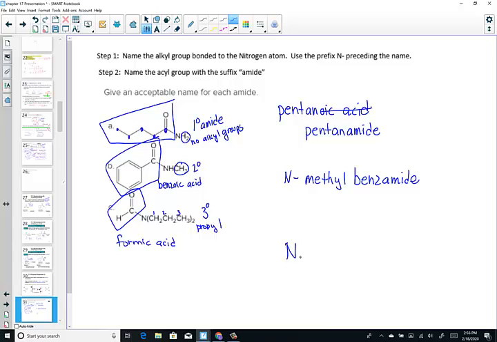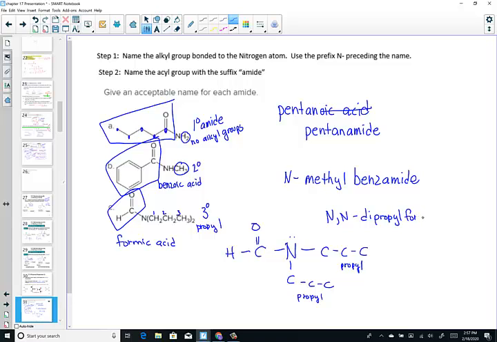So that nitrogen with 3 bonds, one of them is leading out to a propyl, the other is leading out to a propyl, and the other is leading back to the original carbonyl carbon. So I have to let you know that both of these groups are propyl that are on the nitrogen. And so I'll do that by saying N,N-dipropyl formamide.